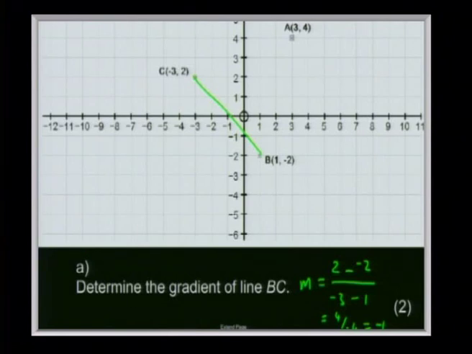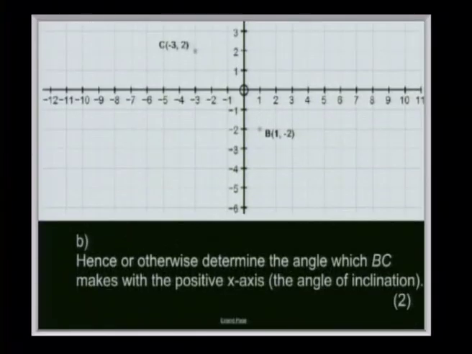I chose C as my first value and B as my second value. Not a problem. So there is our gradient of line BC. 2 marks in the bag. Moving to the next bit, I'm going to draw that in and follow that m here was -1.